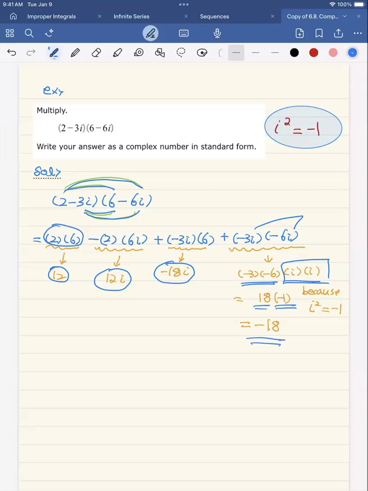So these two terms contain i. So we have 12 minus 18 from this number and this number, plus we take out i, and then -12 minus 18. So we have minus 6 minus 30i.